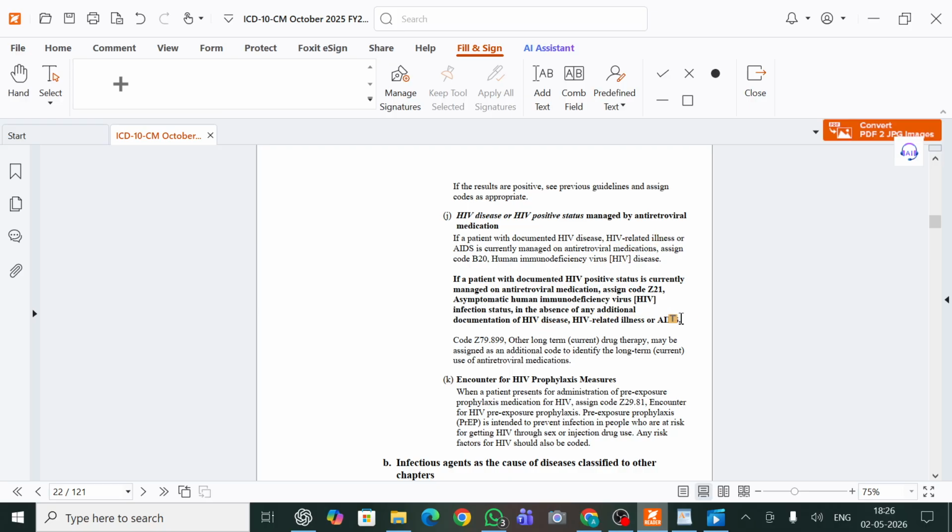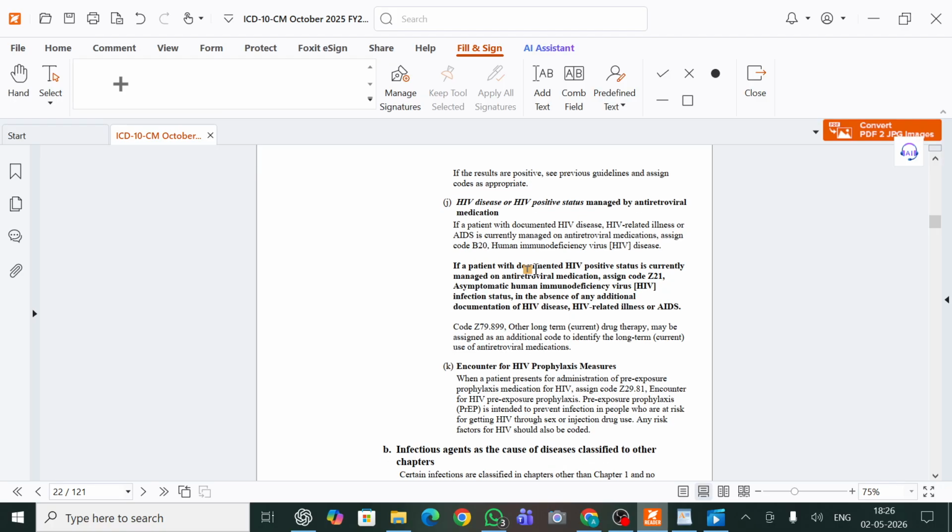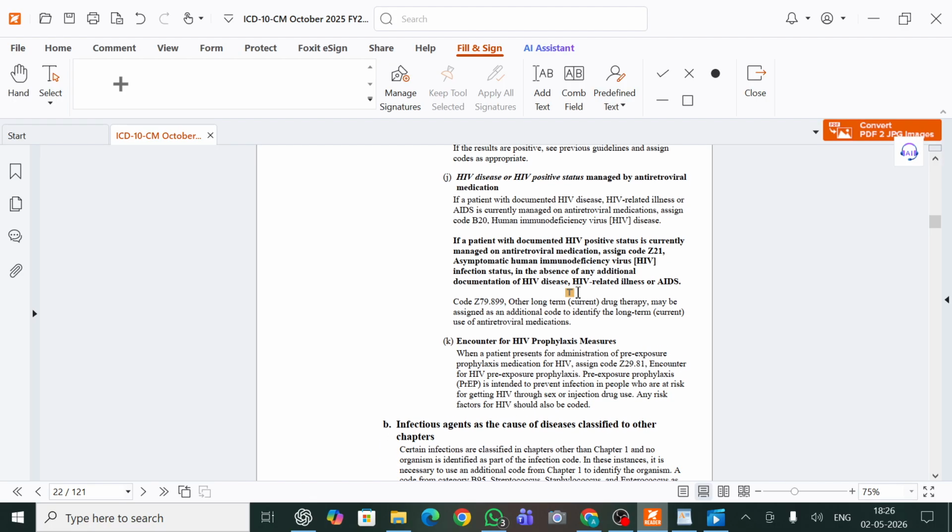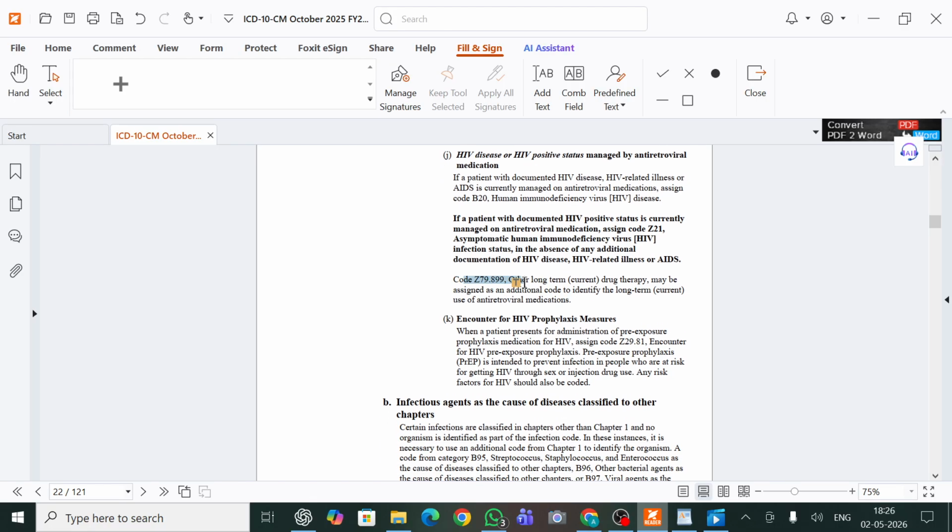That's why I am telling you continuously B20, B20. So here also antiretroviral medication treated or managed for AIDS, but we will code B20 here. And the other code is Z79.899, because it's maintained by antiretroviral medication. The code description is other long-term drug therapy, and it may be assigned as an additional code to identify long-term use of the antiretroviral medication.